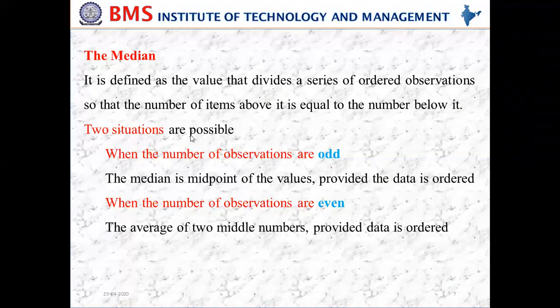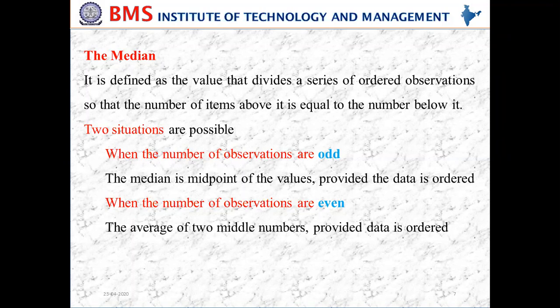Okay, so here, the n by 2 th term and the n by 2 plus 1 th term average. If you take 6 observations, n by 2 is one term, and plus 1 is a separate term.